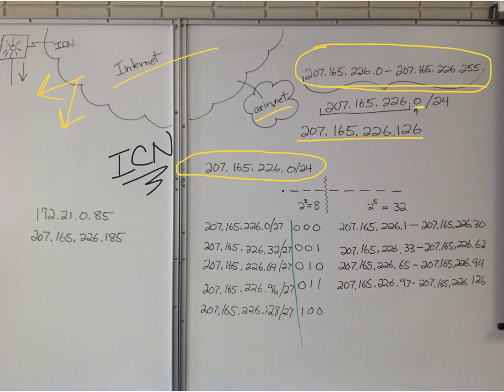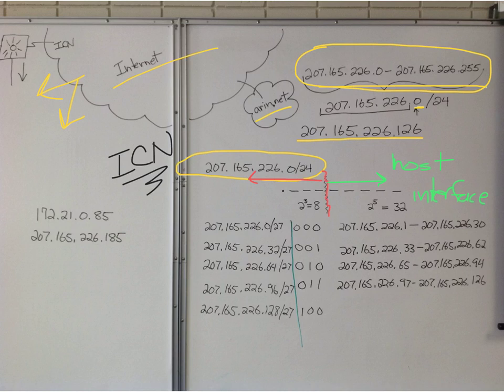Okay, so we took the address and we said we're going to split it. We're going to have this part represent the different networks, and this part represent the host or interface, usually called host, or in IPv6 though referred to the interface.